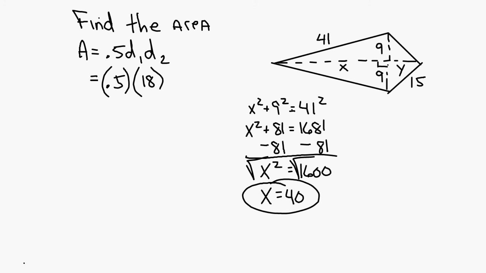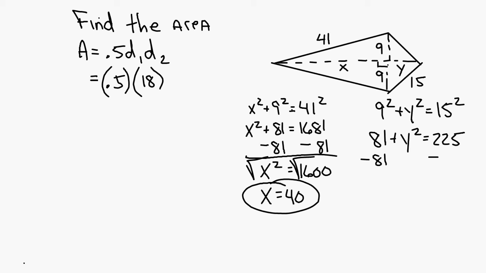So that's one piece of the diagonal. To find y, you've got another right triangle and one of the legs. So that's 9 squared plus y squared equals 15 squared. So 81 plus y squared equals 225. Subtract 81 from each side. y squared equals 144.